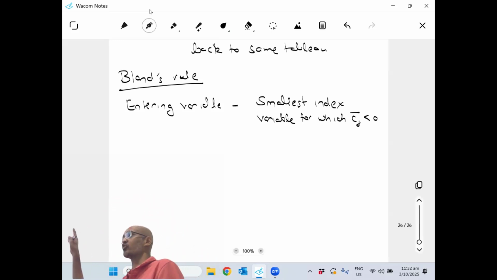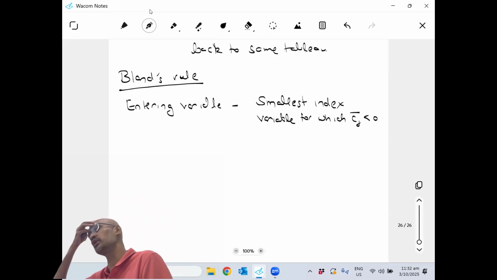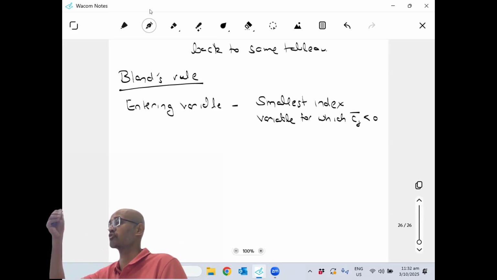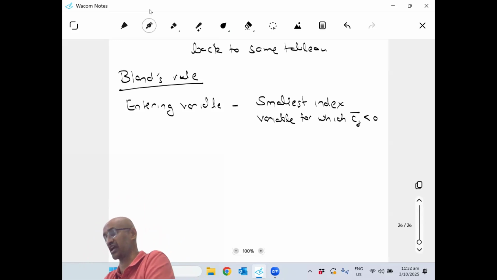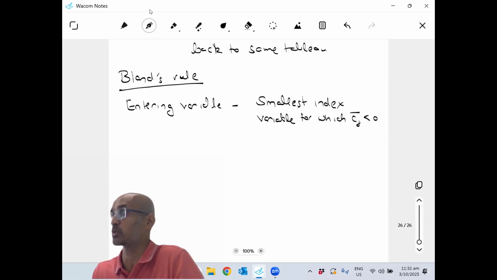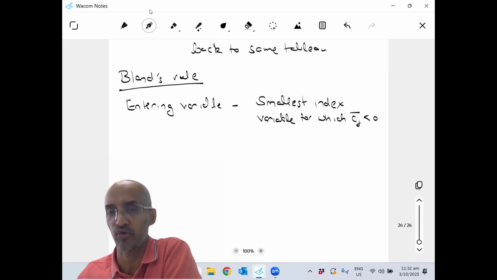There are a lot of pivot rules you can think about. You can take the smallest reduced cost, or the smallest index for which the reduced cost is negative, or compute theta star times c_j bar and figure out which one has the smallest value, and so on. Many rules have been proposed.